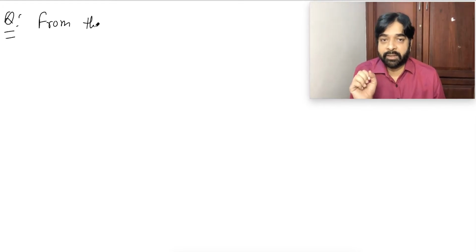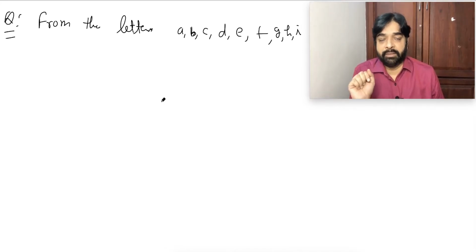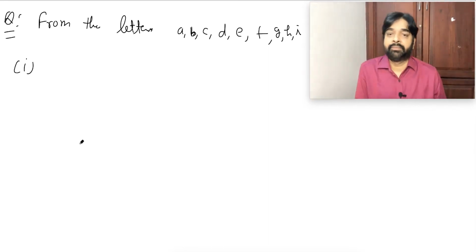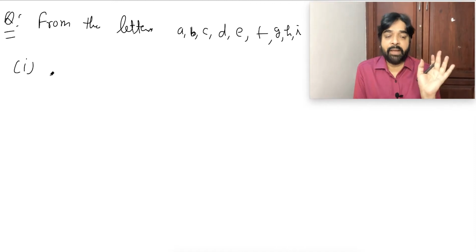From the letters A, B, C, D, E, F, how many is that? 3, 3, 4. G, H, I. First bit. I will not write it, wasting time unnecessarily.